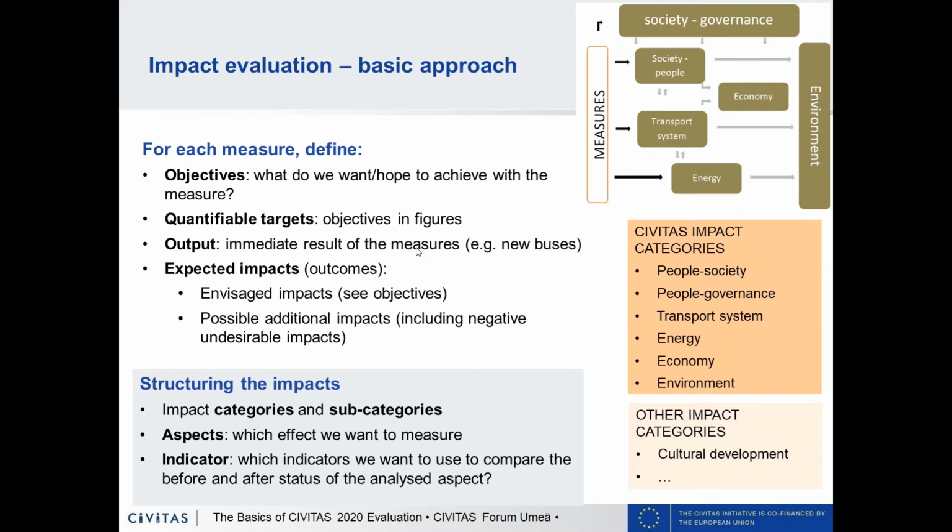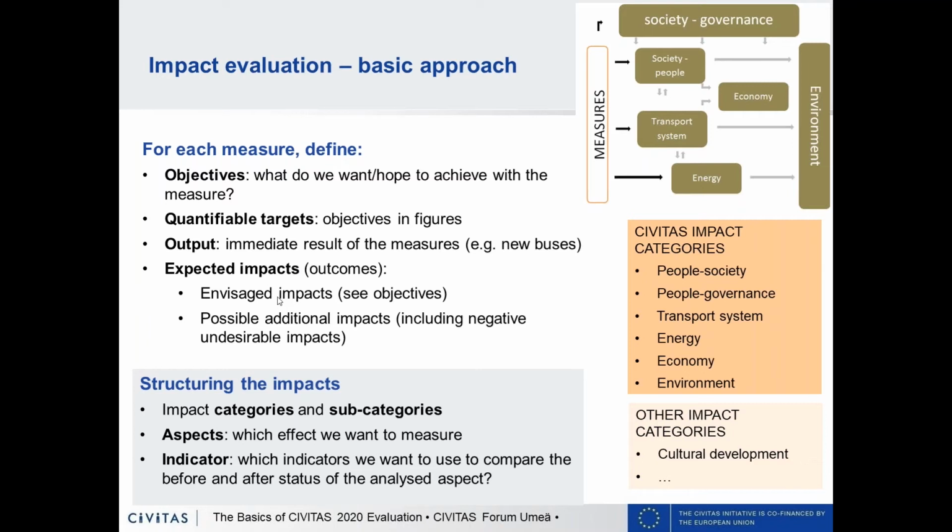When these 10 buses are there, when the bicycle lane is there, maybe when the mobility plan is there, then we come to the main question we have as evaluation people, and that is: what is the impact? So we have to try to understand already from the beginning what the envisaged impacts are, and what possible additional, maybe unwanted, impacts there are.